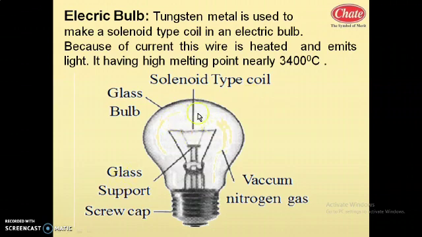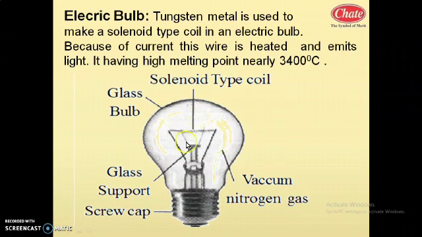It is a transparent medium, with vacuum inside, and it transmits the light out. This is a glass support to hold the filament; it is an insulating material. This is a screw cap to hold the bulb in the holder.